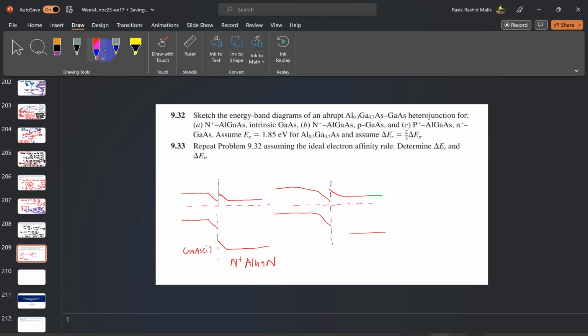Only the delta EC and delta EV will change here.